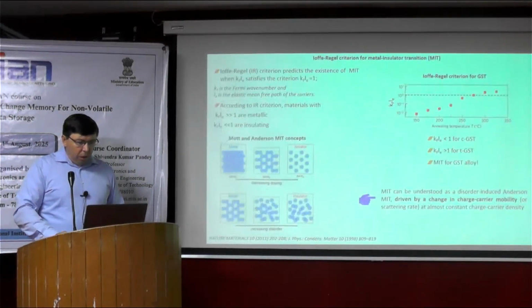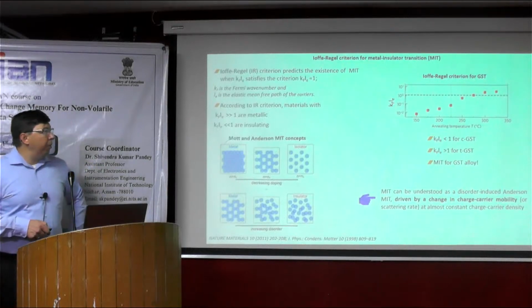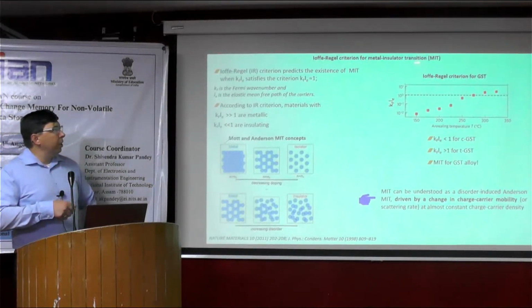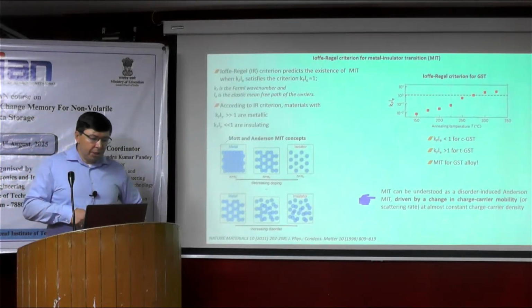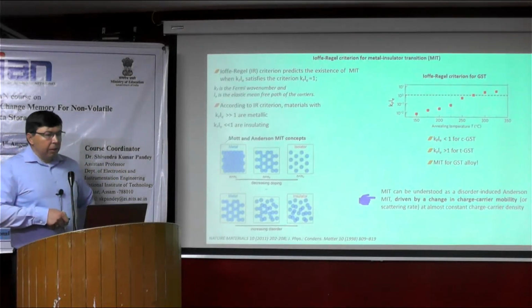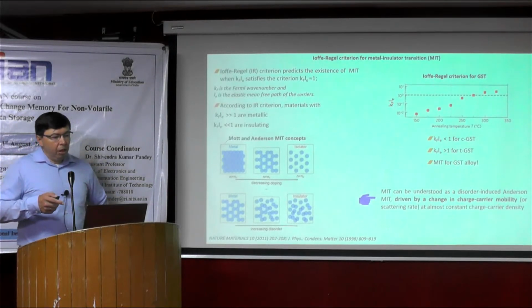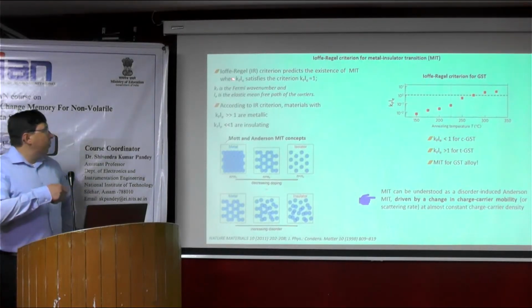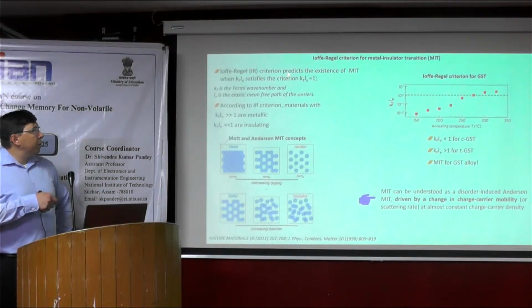Now let us look at another effect. There is also a so-called metal-insulator transition in this system. Let me first define what it is and how to measure it. The Ioffe-Regel criterion predicts the existence of a metal-insulator transition, where the term k_F times lambda_E satisfies the criterion k_F lambda_E proportional to 1.